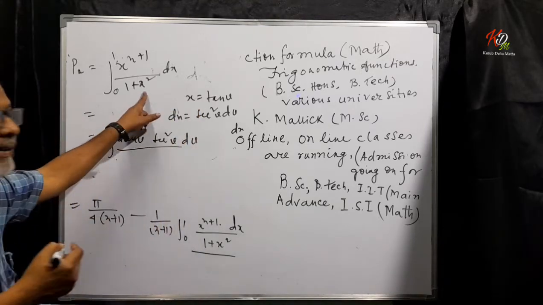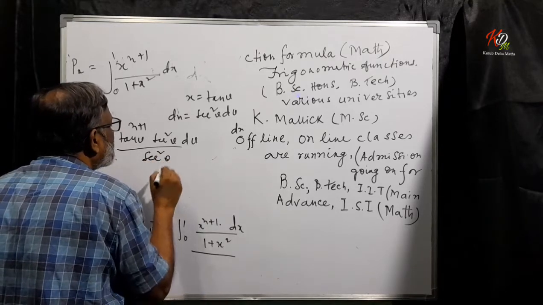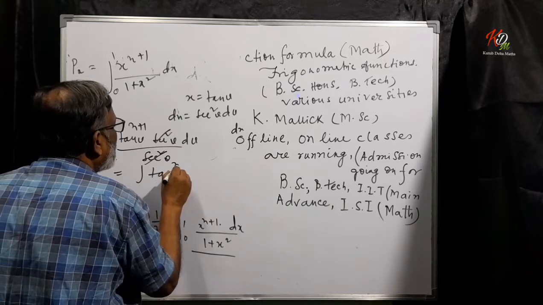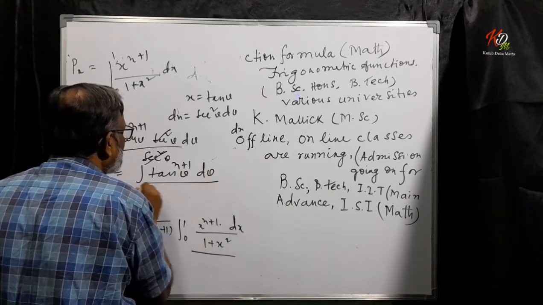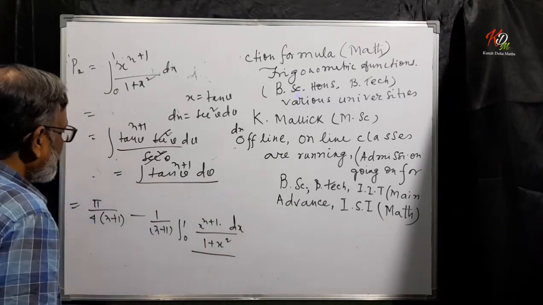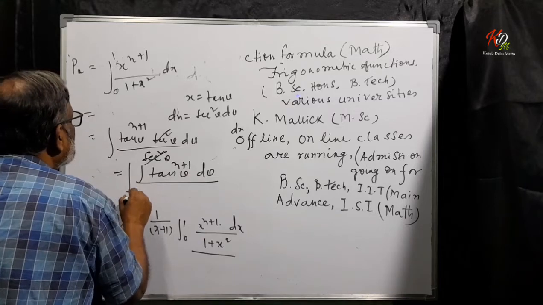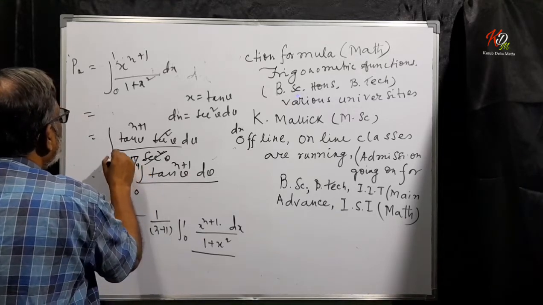Putting x equal to tan theta, 1 plus tan square theta is sec square theta. So we get tan to the power n plus 1 theta d theta, from 0 to pi by 4.